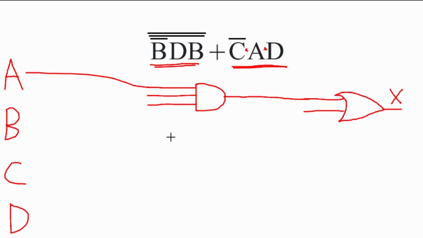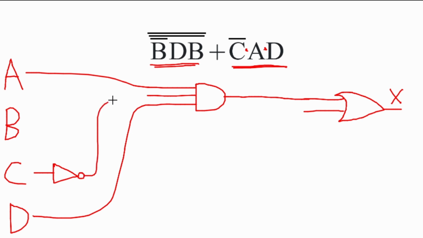It also has a D. It also has a C bar. And as we've talked about previously, a bar is an inversion, i.e. a NOT gate.